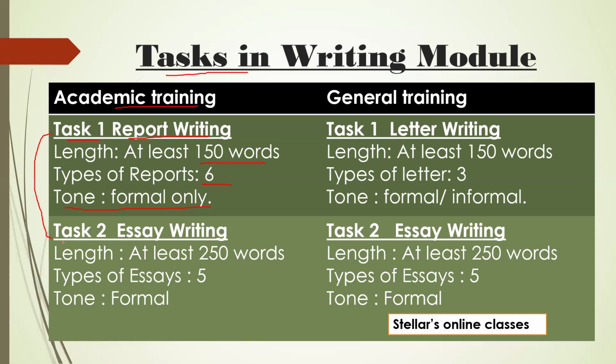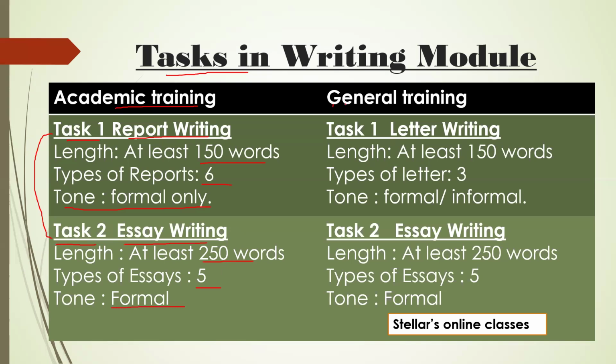Task 2 will be essay writing. Here you have to write an essay of at least 250 words, and you will get a statement or question on which to write. There may be 5 types of essays, and again, the formal tone is used for essay writing as well.